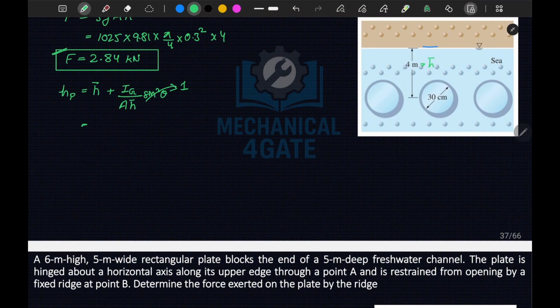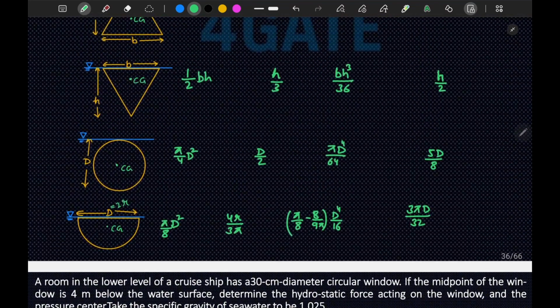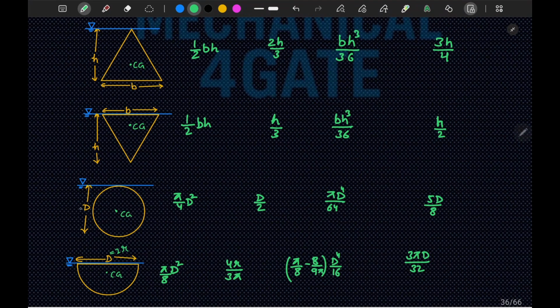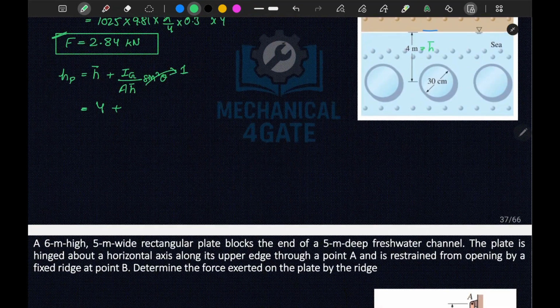If you substitute the values here, your h bar we know is equal to 4. Ig, the moment of inertia, as I mentioned earlier, for a circle, is pi d to the power 4 by 64.